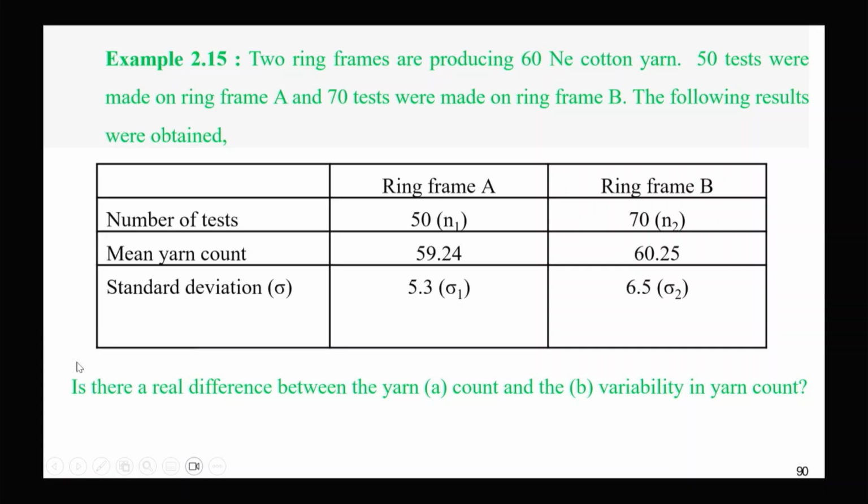Let us try to see for the mean. So what we are doing, we are trying to increase the range a little bit. So 59, and here it's 61.